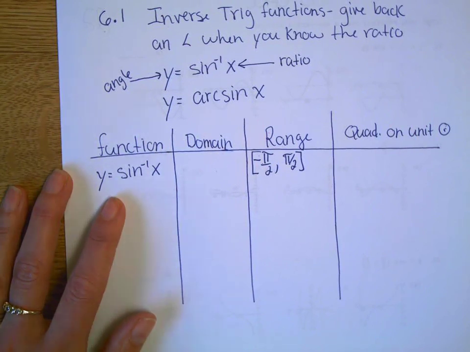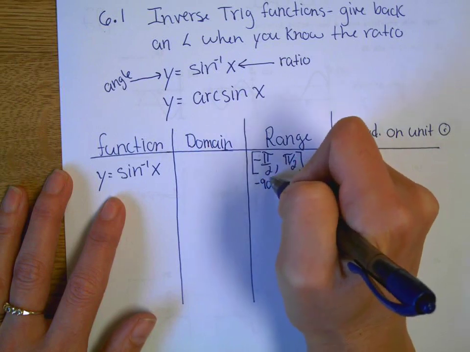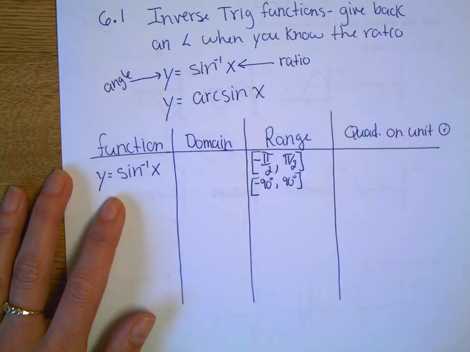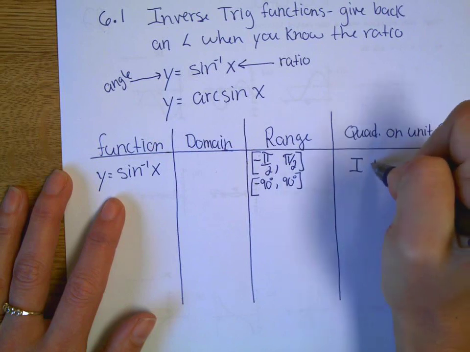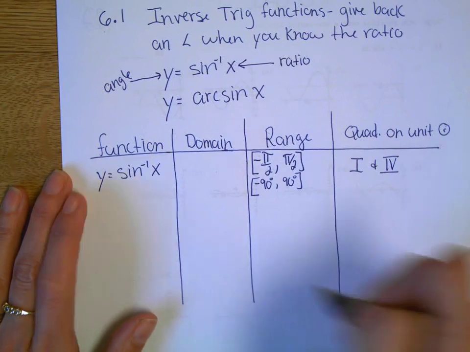Negative 90, which is down at that 270. So the range is negative 90 to 90. What two quadrants are we going to be looking at if I'm going from negative 90 to positive 90? 1 and 4. We are only going to look in quadrant 1 and quadrant 4 for our angle measures for sine.